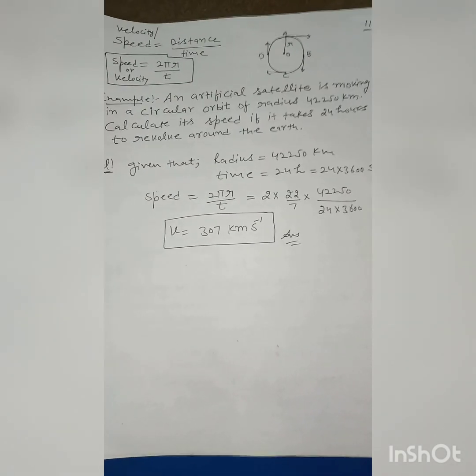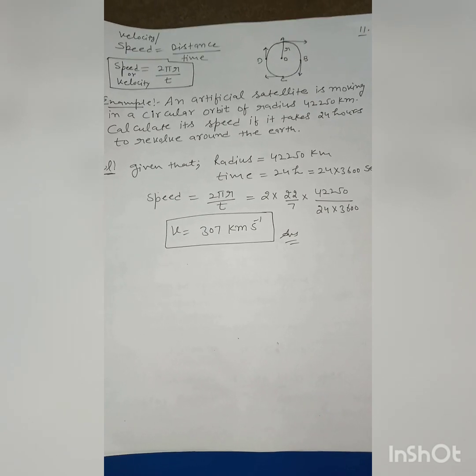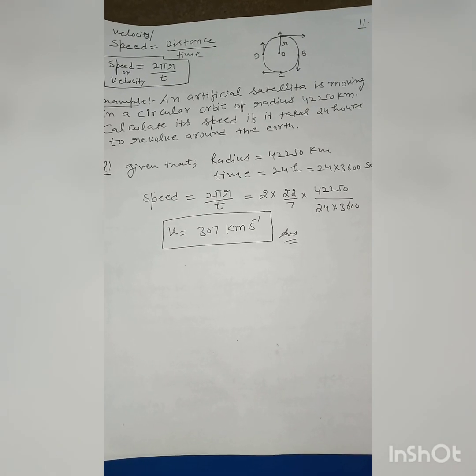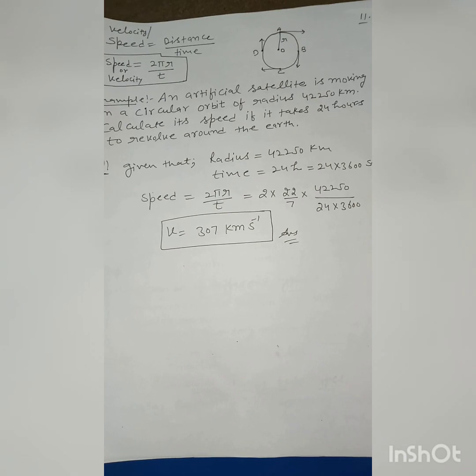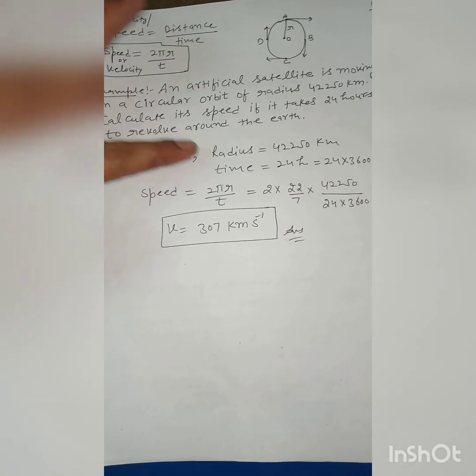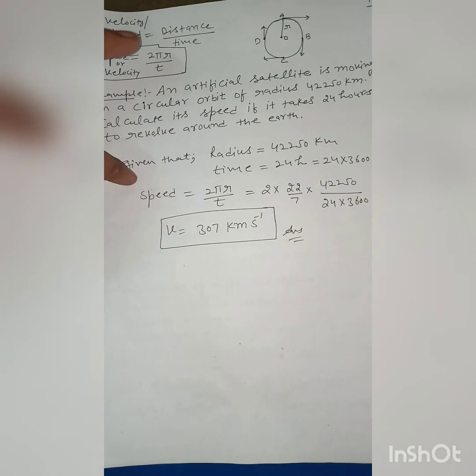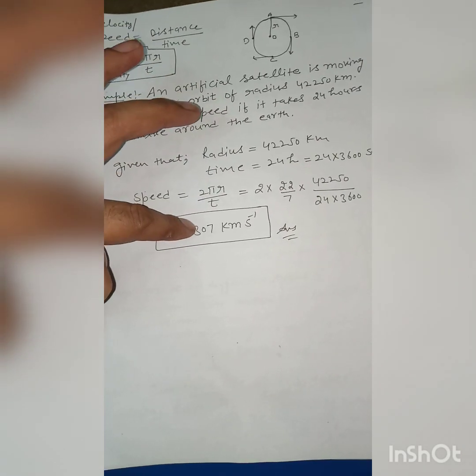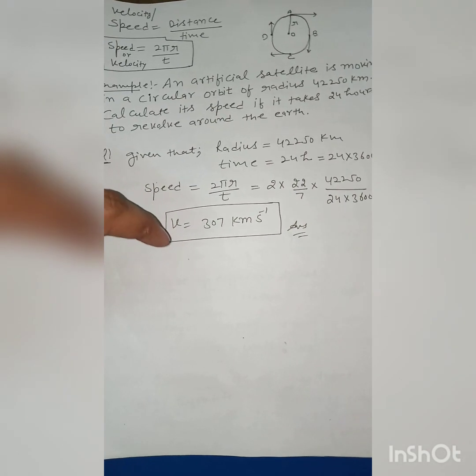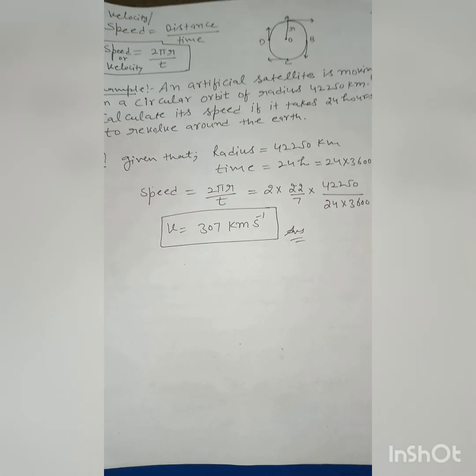A question is there, an artificial satellite is moving in a circular orbit of radius is this. Calculate speed when time is given. Radius is given, time is also given. Speed equal to distance upon time, 2 pi r upon t. Put this value and find the speed of the satellite.